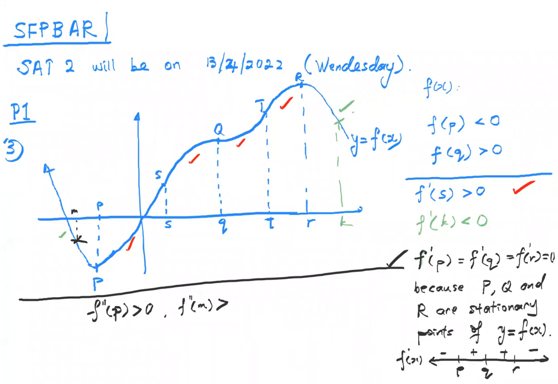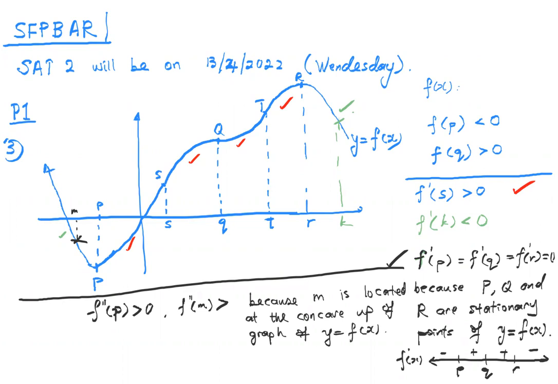Because m is located at the concave up of the graph of y equal to f x.